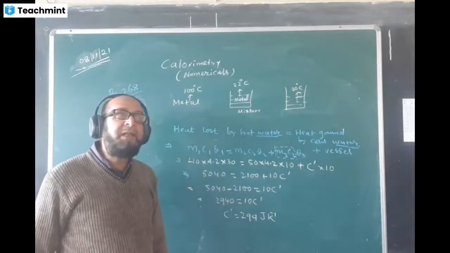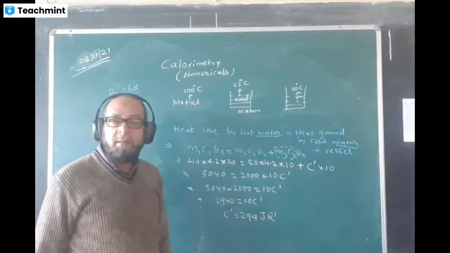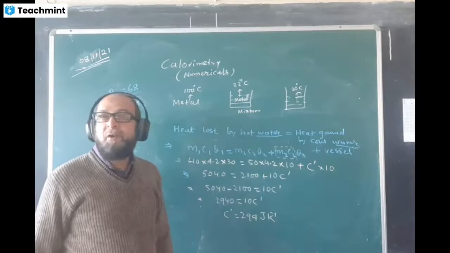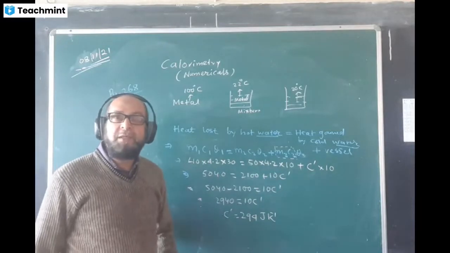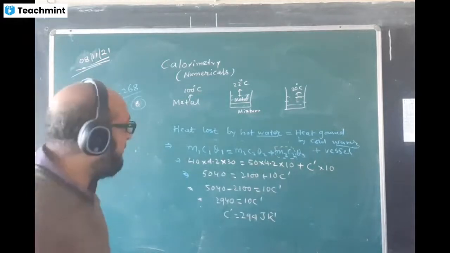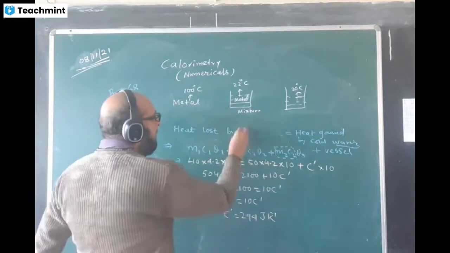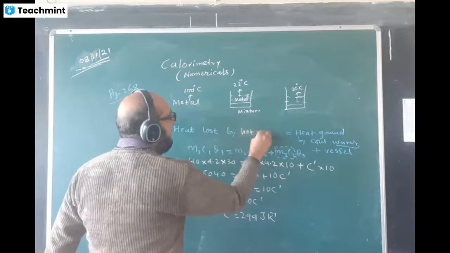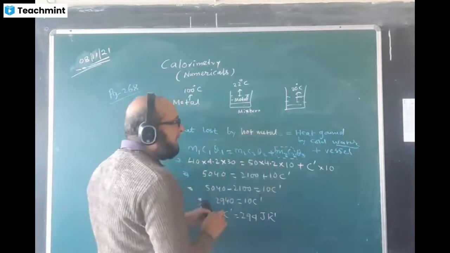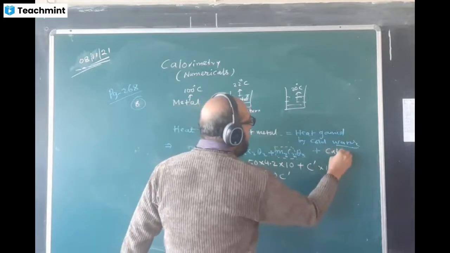If the question says neglect the heat absorbed by calorimeter, then we will not take calorimeter, and there will be no information provided regarding the vessel or calorimeter. But just now we have to take it. So I write: heat loss by hot metal is equal to heat gained by cold water plus calorimeter. Vessel and calorimeter are the same thing.